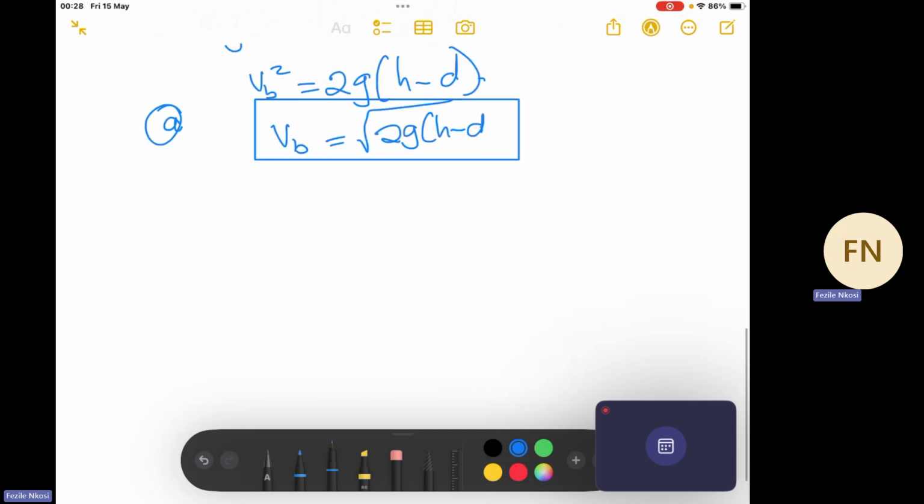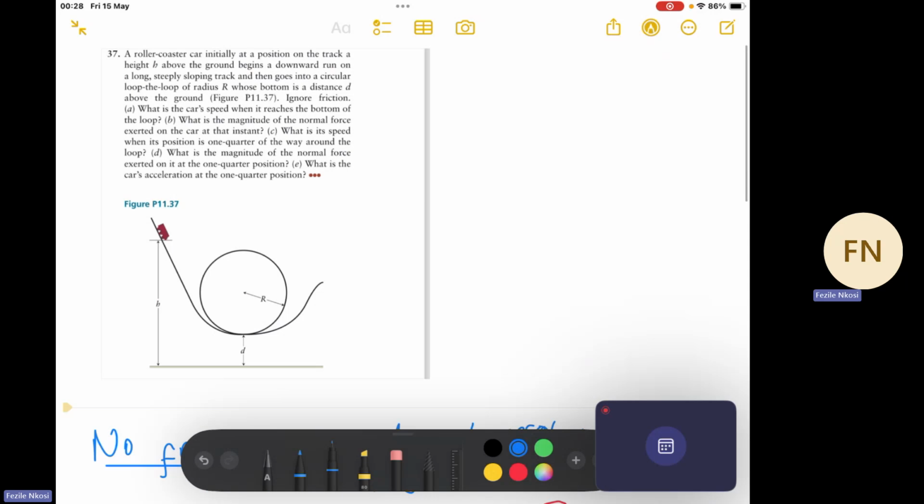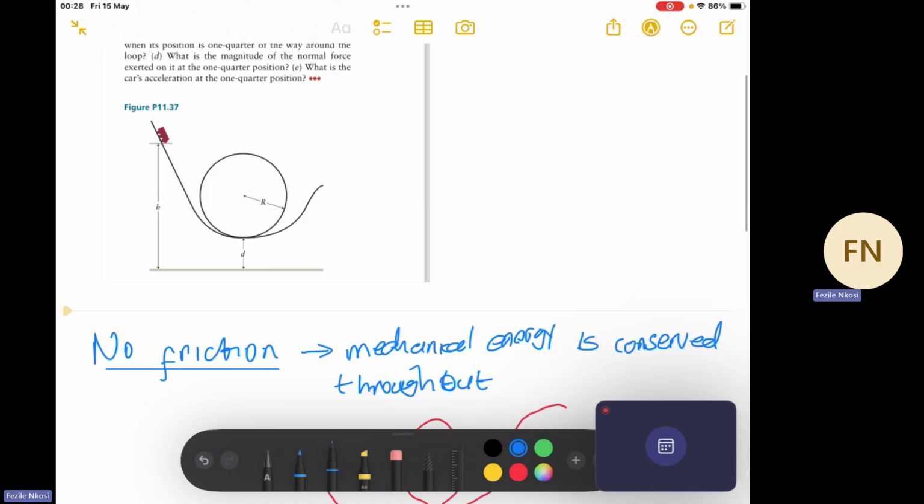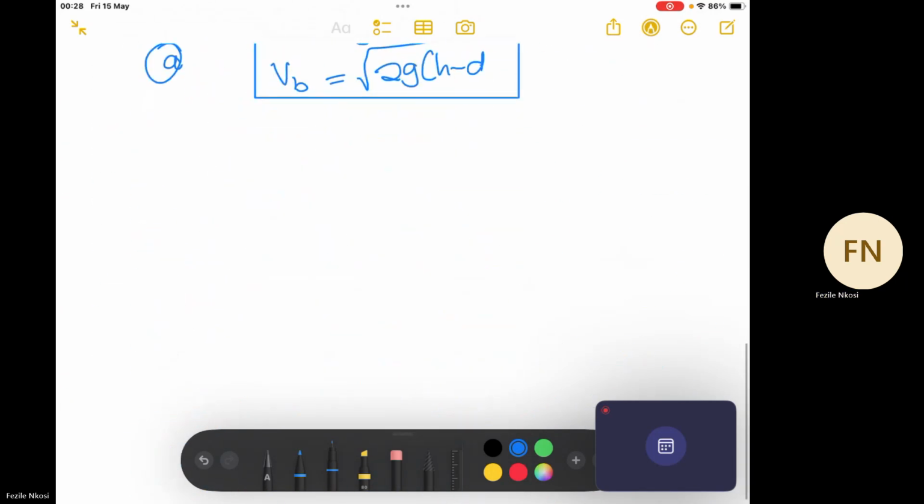Now what about B? Let's go back and see what B is saying. What is the magnitude of the normal force exerted on the car at that instant? Okay, let's see. Now tackling B. Now at the bottom of the loop, the center of the circle is directly above the car, right?